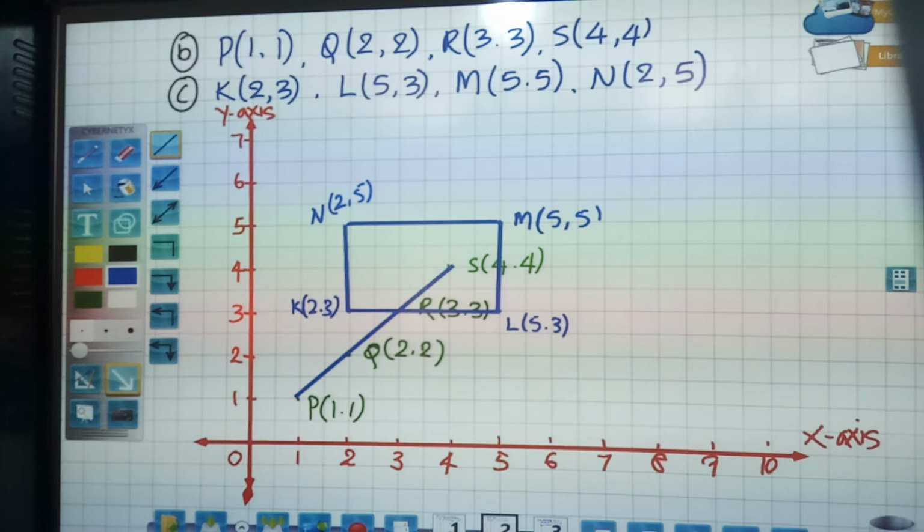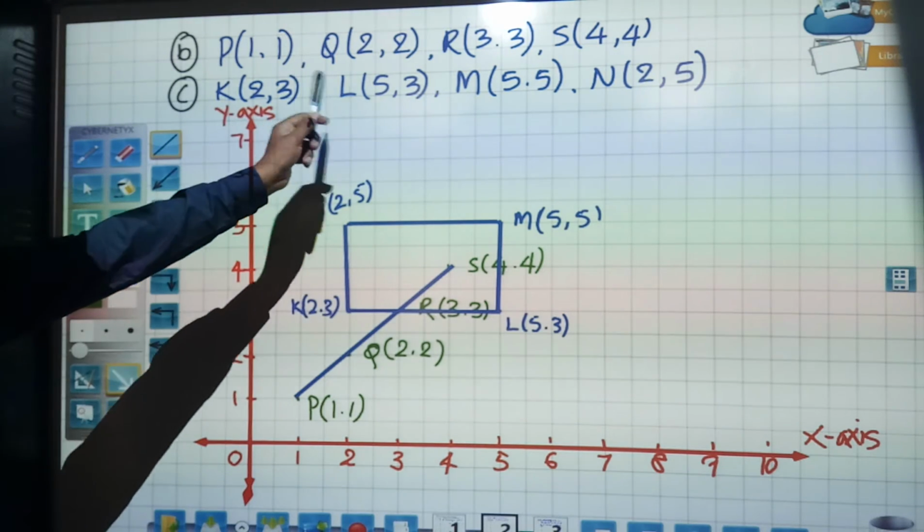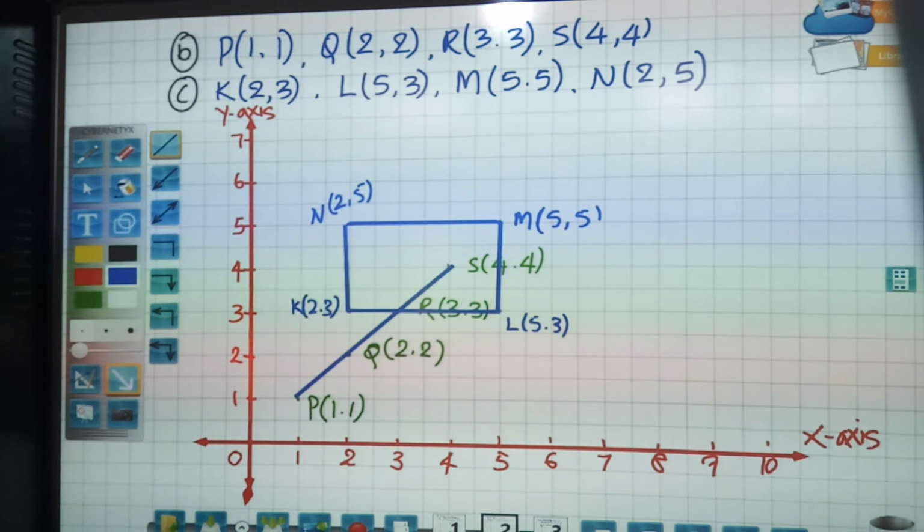I know that it is not clearly visible. Just see now. Okay, if you can see, then very good. I have done both in the same graph sheet, but you can do it in different graph sheets. The second one you are getting a rectangle, the first one a straight line. The answer to C: these points K, L, M, N do not lie on the same straight line.